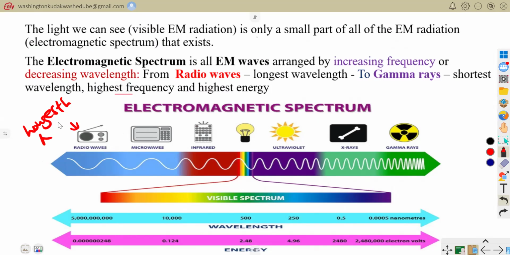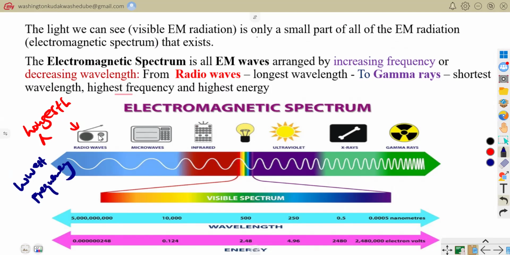And having the longest wavelength, you would know that you would have the lowest frequency.